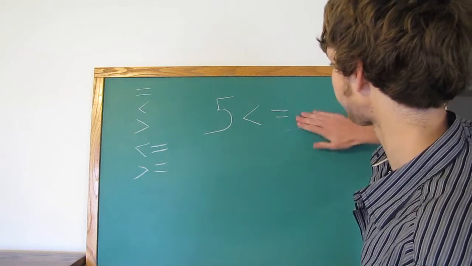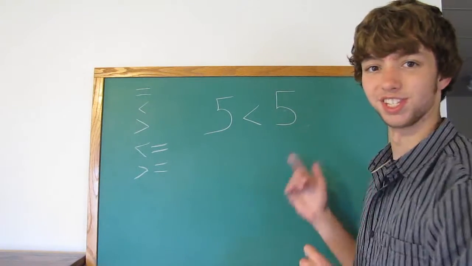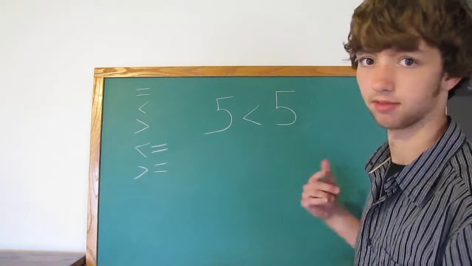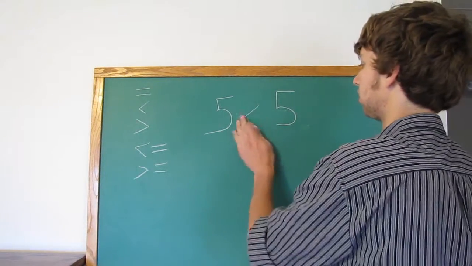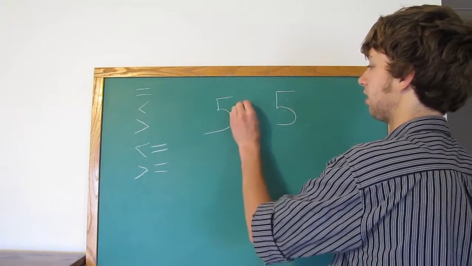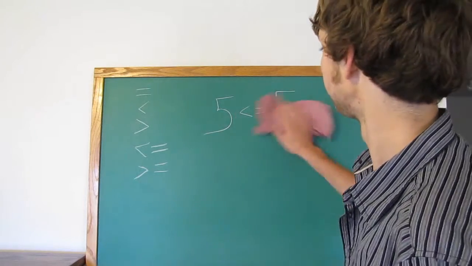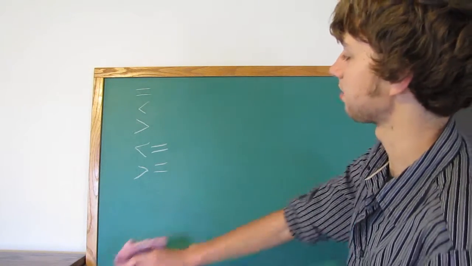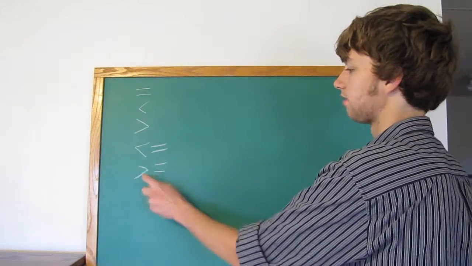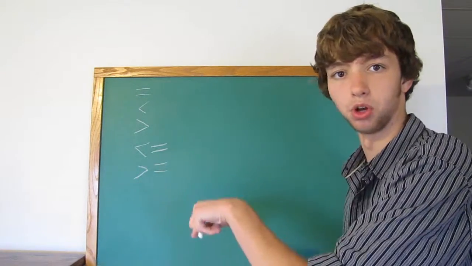As you can see, if I remove the equal sign and write this, it is false because 5 is not less than 5. The same goes for the greater than. So 5 is greater than or equal to 5 or anything below 5.